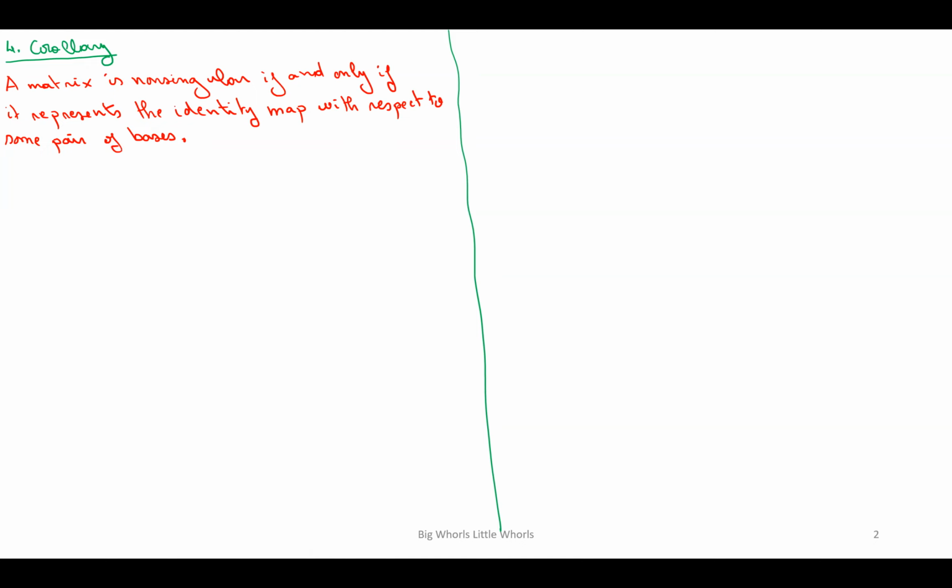So basically, the message I want to convey through this corollary is that we can transform the content of a matrix with some appropriate pair of bases.